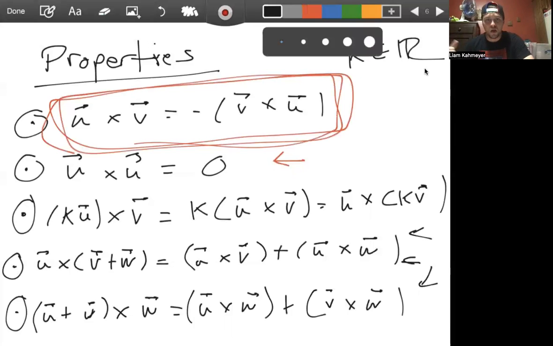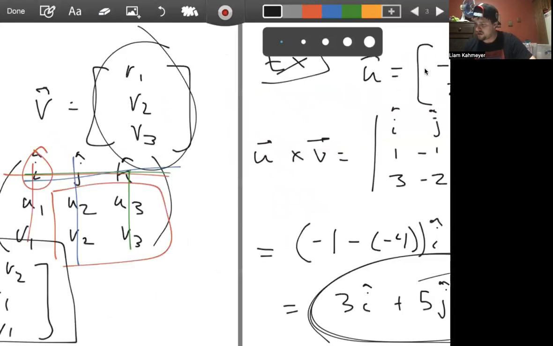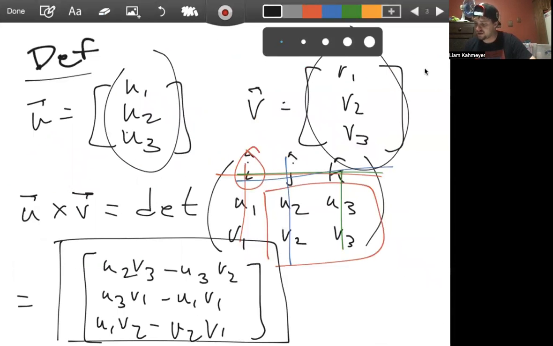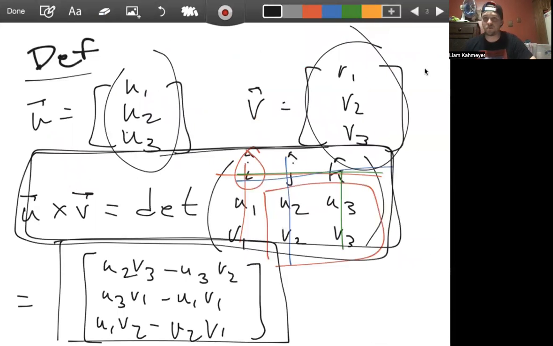And so I would challenge you to try and prove some of these properties using just the description of the cross product based on it being defined as the determinant of the appropriate 3x3 matrix.